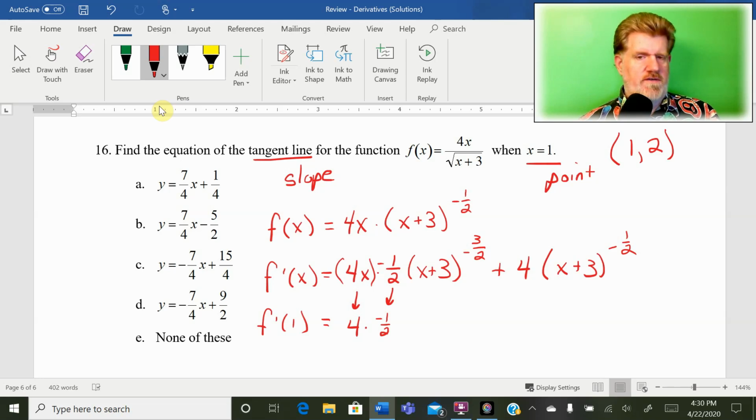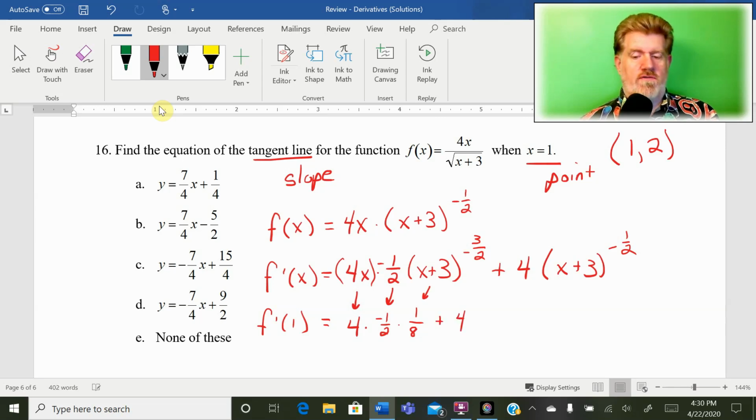Remember, the negative 3/2 means that's your power and that's your root. So what's the square root of 4? Well, it's 2. And then what's 2 cubed? Well, it's 8. But the negative means it's 1 over 8.